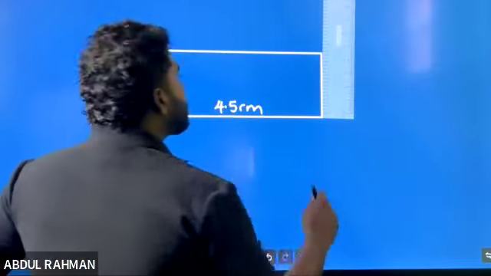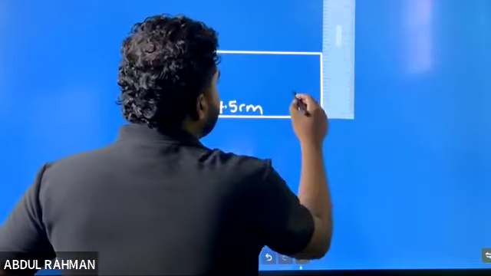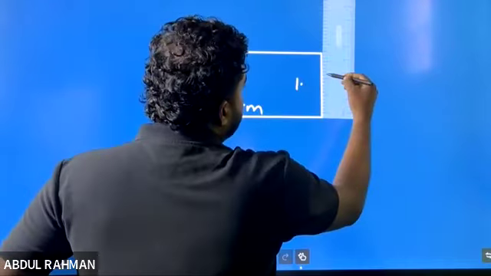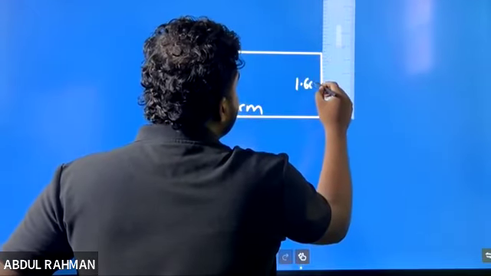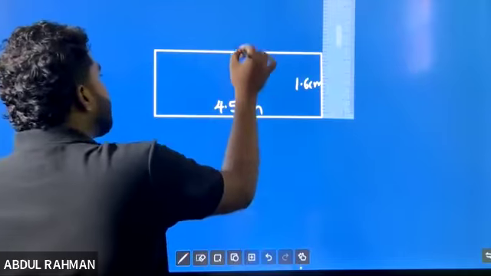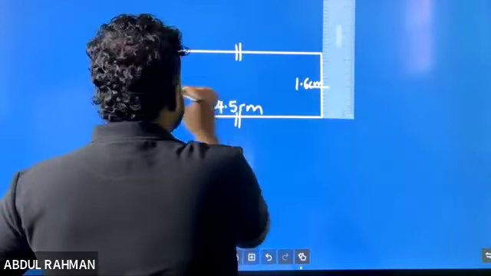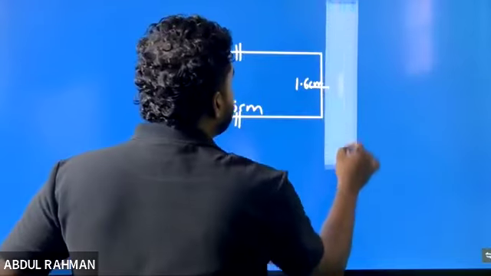This is going to be almost around 1.6 centimeters. So this is a rectangle, so I know both the opposite sides are equal. I know the lengths very well.